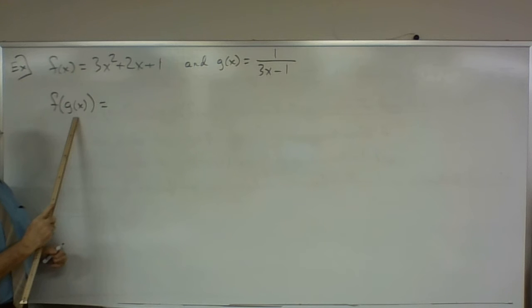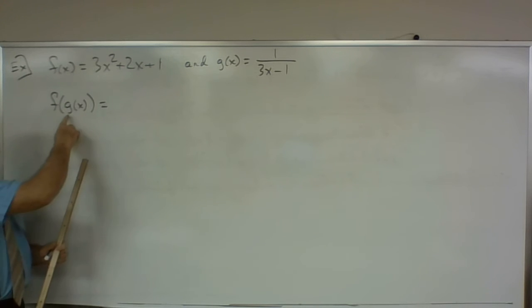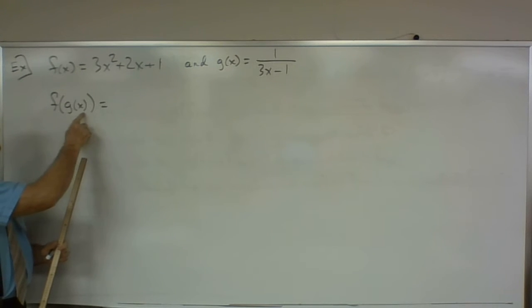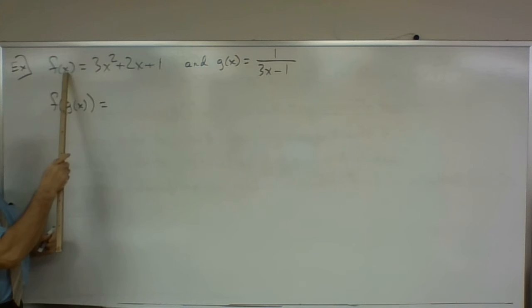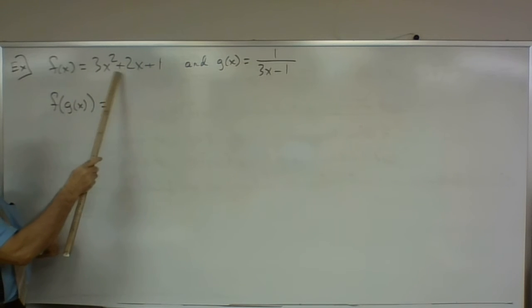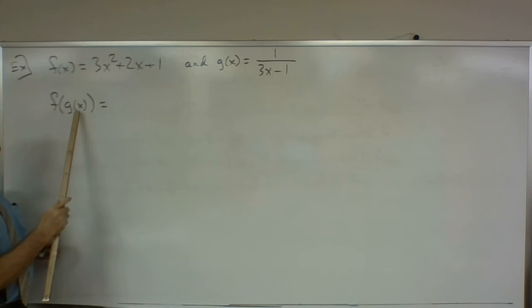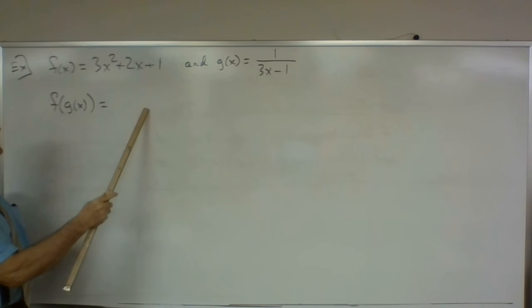What we have down here is f evaluated at g of x. So down here, g of x plays the role that x plays up here in our model or our definition of f of x. So every place we see an x up here in our model, we're going to put g of x down here.